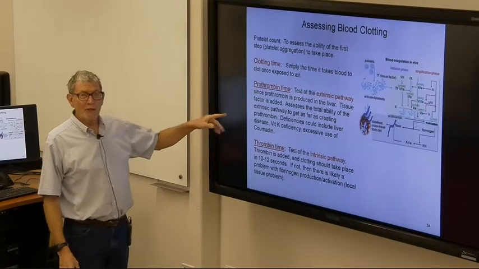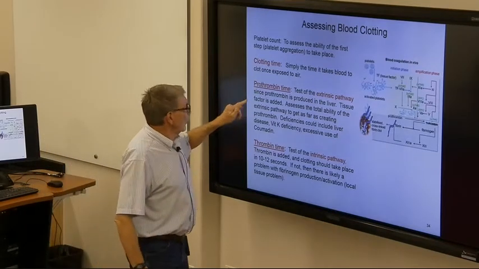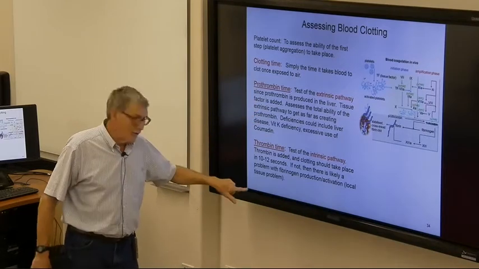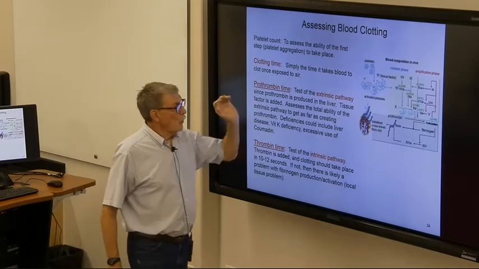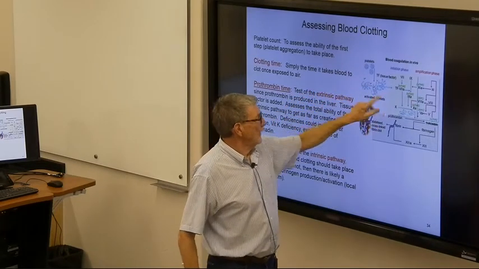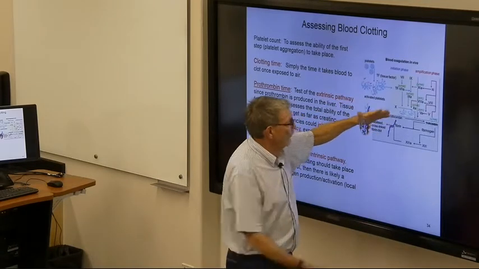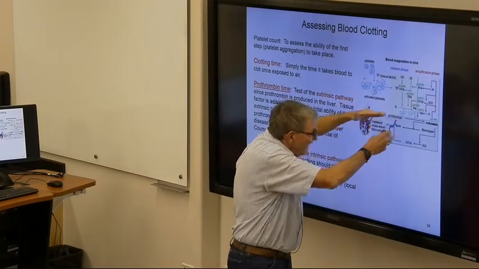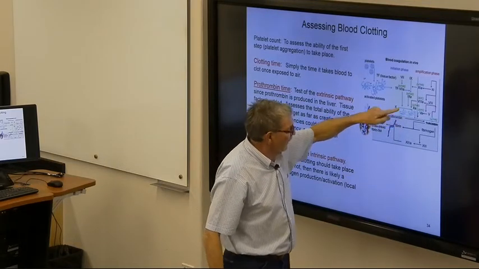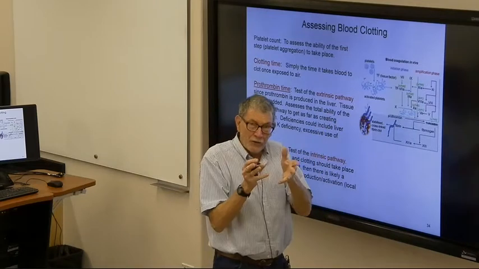So if you want to be a little more specific, I kind of mentioned this once before, you can do a prothrombin time test or a thrombin time test. Prothrombin, you add tissue factor and it tells you how quickly you can make prothrombin, which is the first of the substances to combine in this combined pathway, the extrinsic and intrinsic.